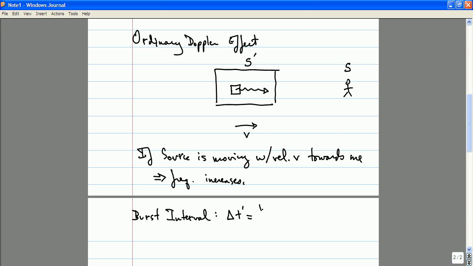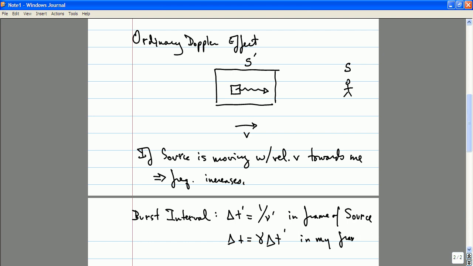in the frame where the source is at rest. And that will be 1 over the frequency, which I'll call nu prime, in the frame where the source is at rest. So in the frame of the source. And the time between the emission of pulses, as observed by me, will be related to this time delta t prime by the usual time dilation factor.